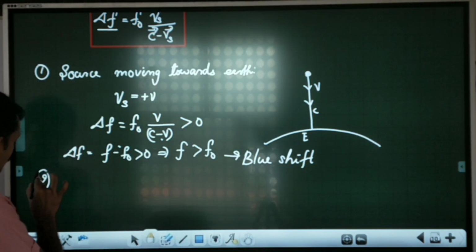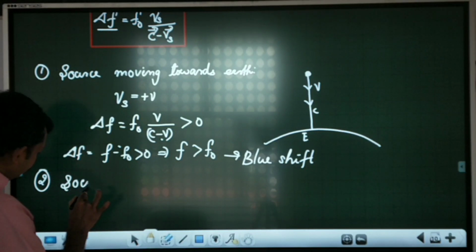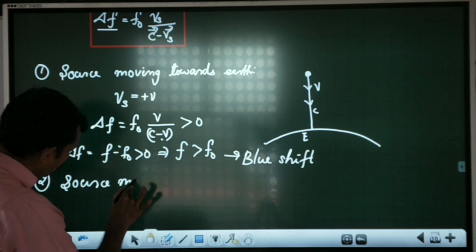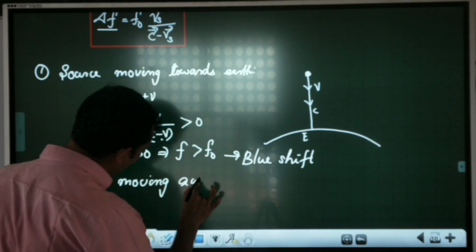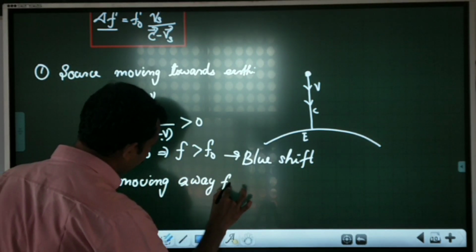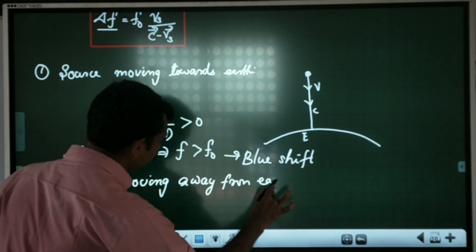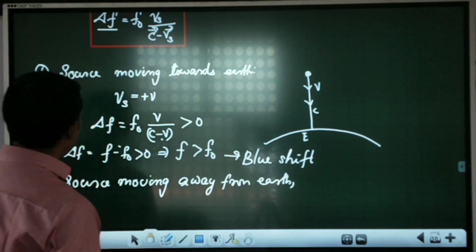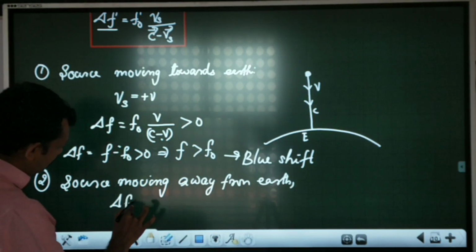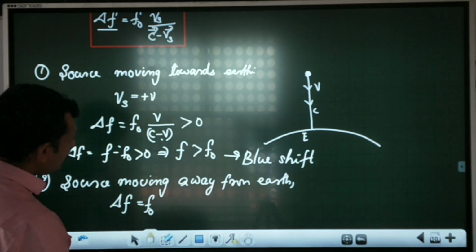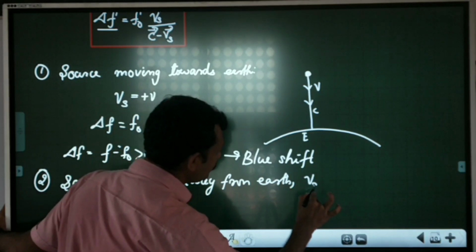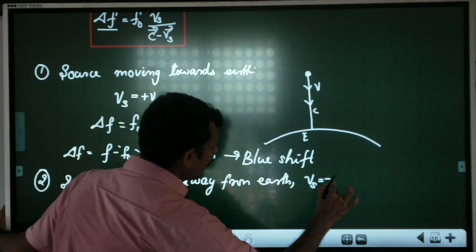Now the second case, source moving away from Earth. In that case, delta f is equal to f0 into, so what do I take here, vs is equal to minus v.